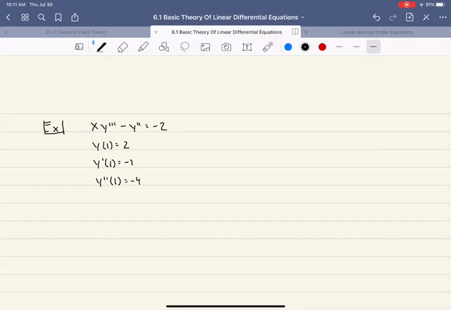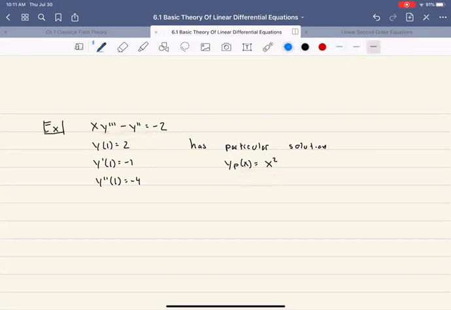Okay, so now we're actually going to be given our solutions, and then we're going to form the complete solution. So this has particular solution yp of x equals x squared. If we took this and plugged it in, we're going to get -2.